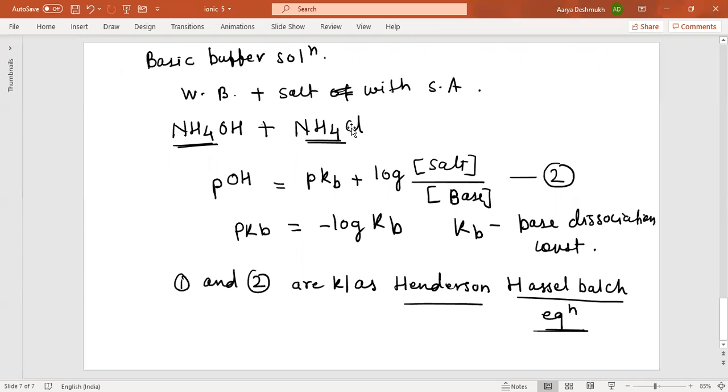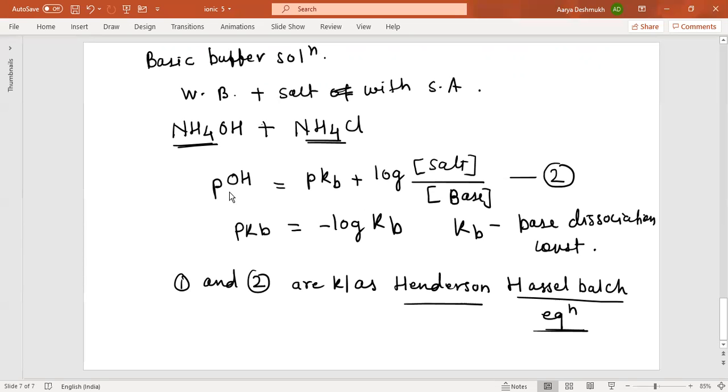The well-known basic buffer solution used in the laboratory is ammonium hydroxide and its salt with a strong acid, ammonium chloride. This ammonium chloride is the salt of a weak base and a strong acid. The strong acid here is HCl and the weak base is ammonium hydroxide. So ammonium hydroxide plus NH4Cl is called the basic buffer solution.